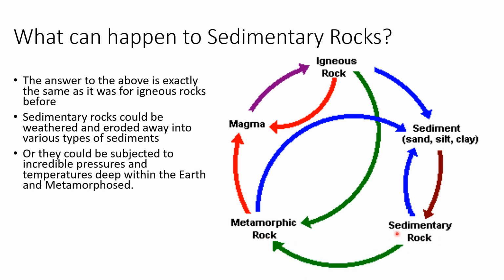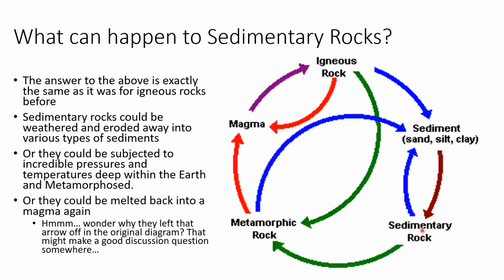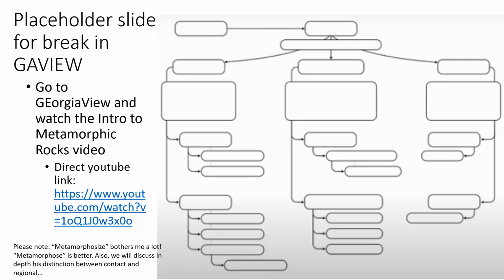So we could weather it, we could put it into those metamorphic conditions, the intense heat and pressure again, and metamorphose it into a metamorphic rock. Or we could push it down into a zone where it gets too hot to just metamorphose and it actually melts into a magma again. And so we're back to where we started with a magma. So that could happen to our sedimentary.